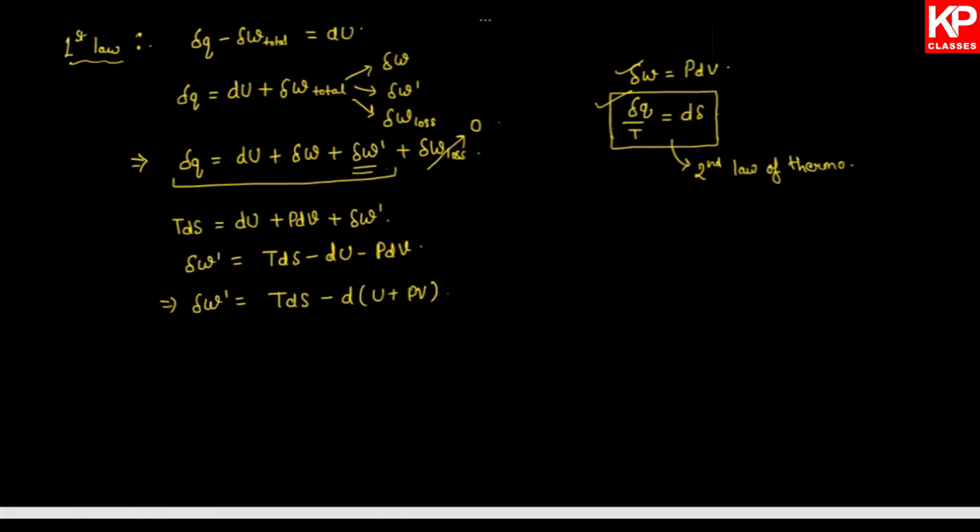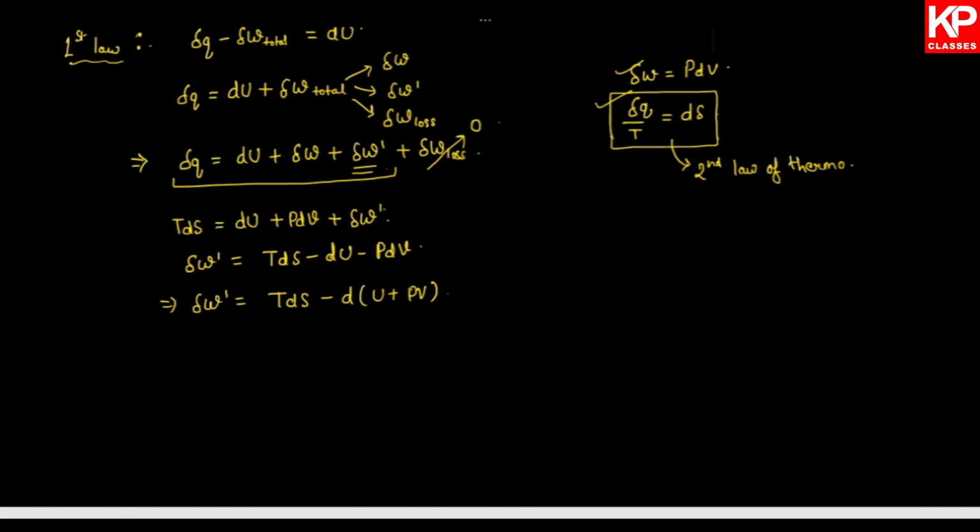So only the mechanical work can be expressed in this equation as PdV. You cannot express the non-mechanical work this way, because it depends upon non-mechanical forces, and non-mechanical forces are independent of pressure and volume mainly. So we cannot relate the non-mechanical work to PdV. That is why we are going to express it in terms of Gibbs free energy directly. I hope you got it.